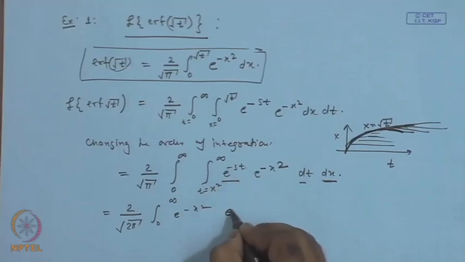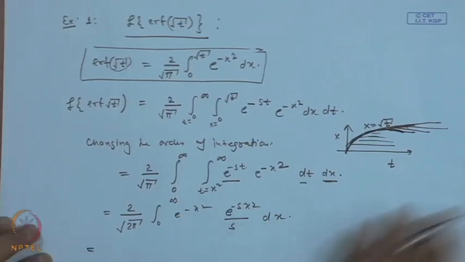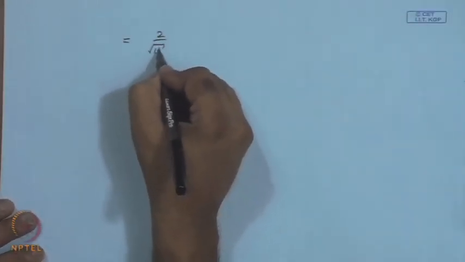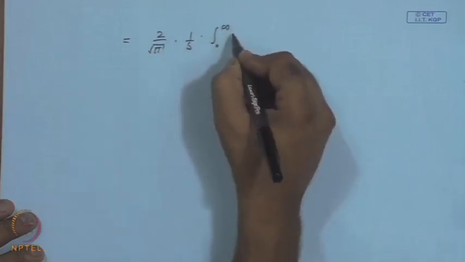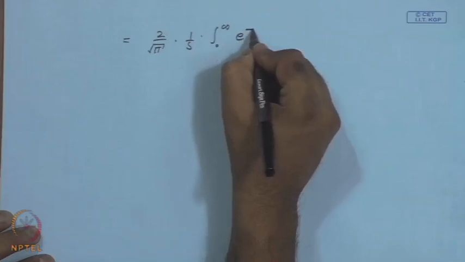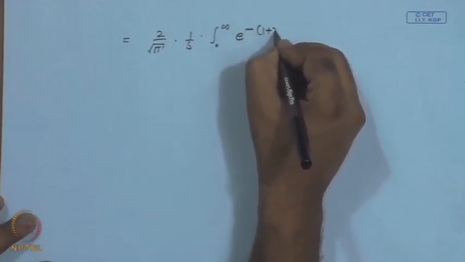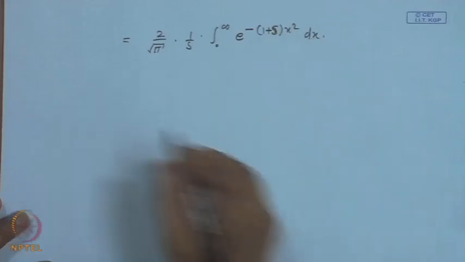So, we will get e power minus s x square over s, dx. So, this is equal to 2 over square root pi, 1 over s, the integral from 0 to infinity, e power minus x square is common, and then we have 1 plus s times x square, dx.